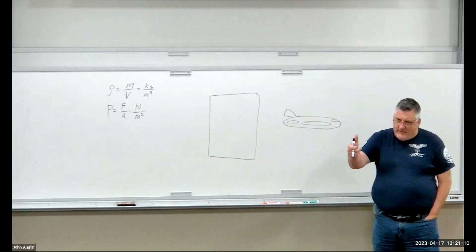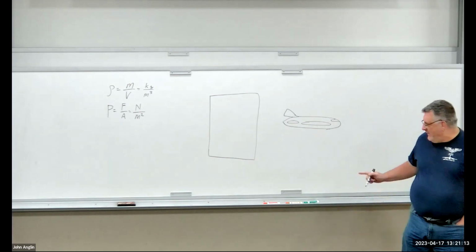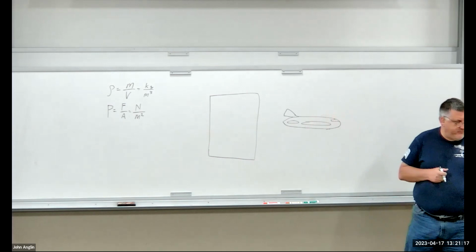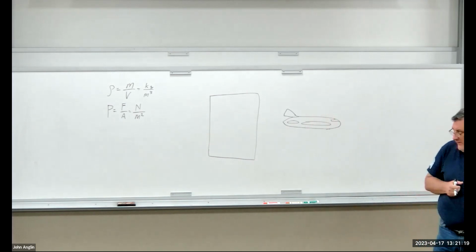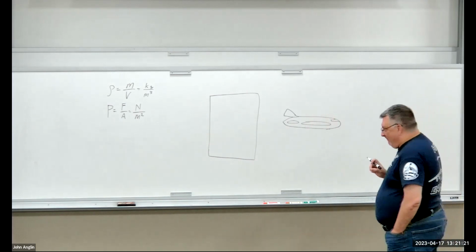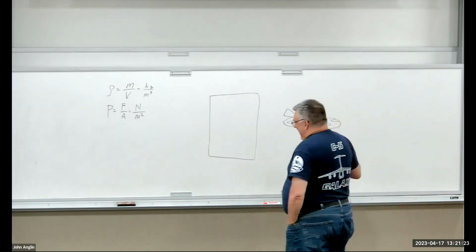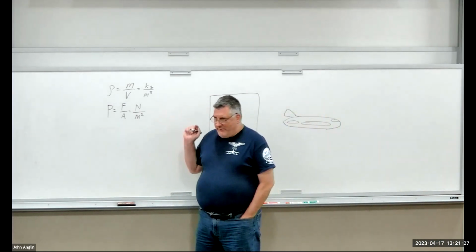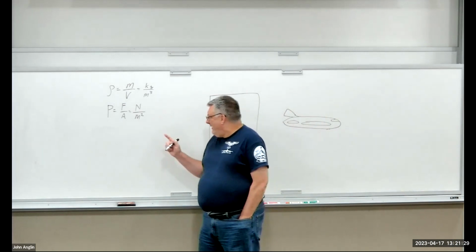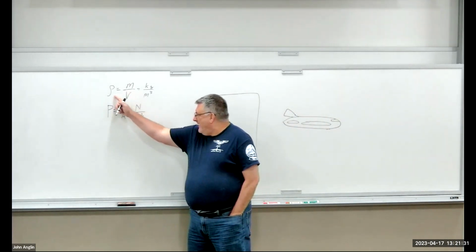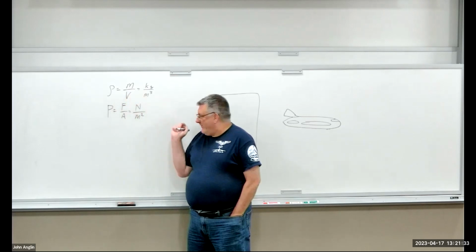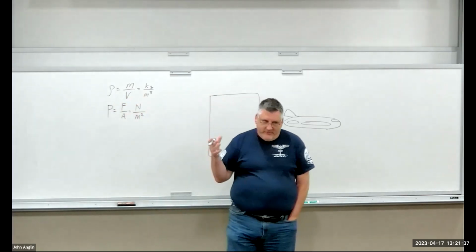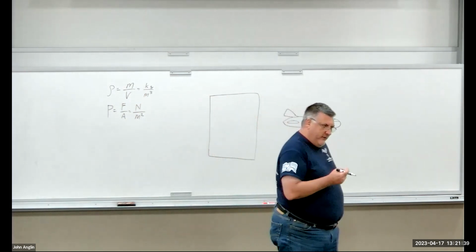Now, as we increase altitude, the volume contained inside this aircraft does not change. So we can't do anything about that. But what's going to happen as we increase our altitude is our density is going to decrease, the density of the air. There's less air at higher altitudes. So our density decreases.